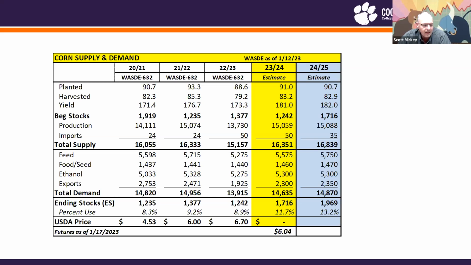So in order to get these additional exports, I think prices will have to fall. We also need to watch feed usage. It's also higher than we've seen the previous year, in fact quite a bit higher than last year. Ethanol use is another concern, depending on what oil prices do, but we really need to have that 5.3 to keep ending stocks from getting bigger.